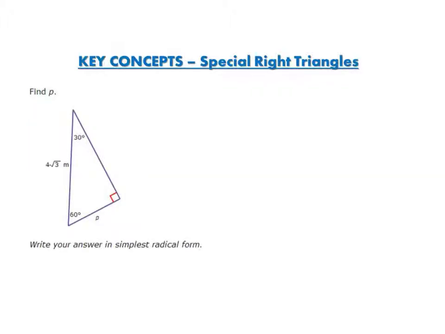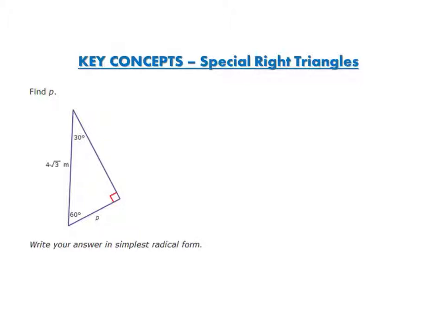All right, here's my first one. I'm given a 30-60-90 right triangle. They give me the hypotenuse, which is 4 rad 3, and they want me to find the short leg. How do I know it's the short leg? Because it's the one across from the 30-degree angle. Well, to find the hypotenuse, I take 2 times the short leg. So to find the short leg, I divide the hypotenuse by 2.